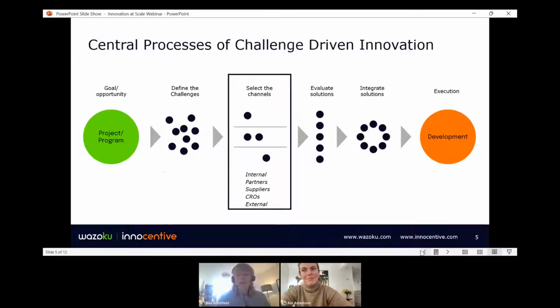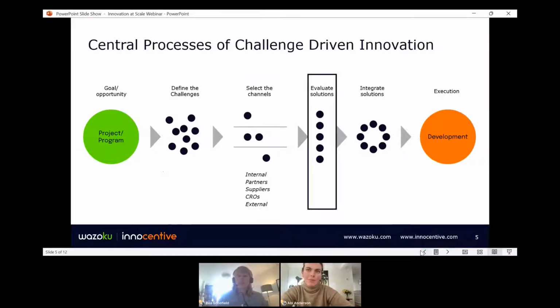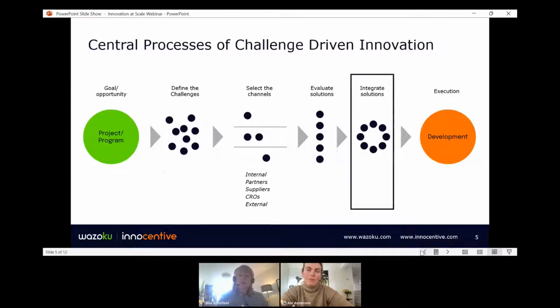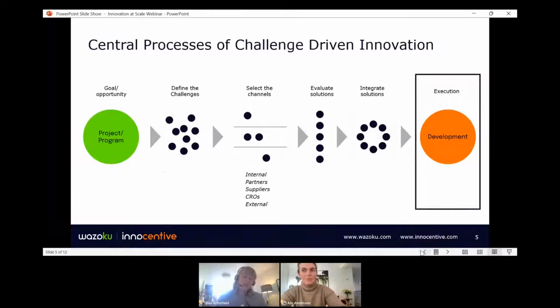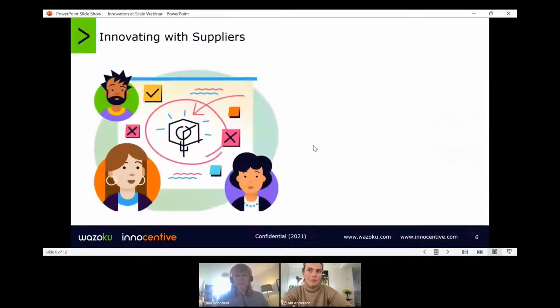Running that as a crowdsourcing campaign, bringing those solutions in to be evaluated, integrated into the organization, and then developed out. So using this process, you're able to ensure that your innovation is repeatable, it's sustainable, and that you can understand whereabouts the potential breaks are happening over time so you can improve those processes.